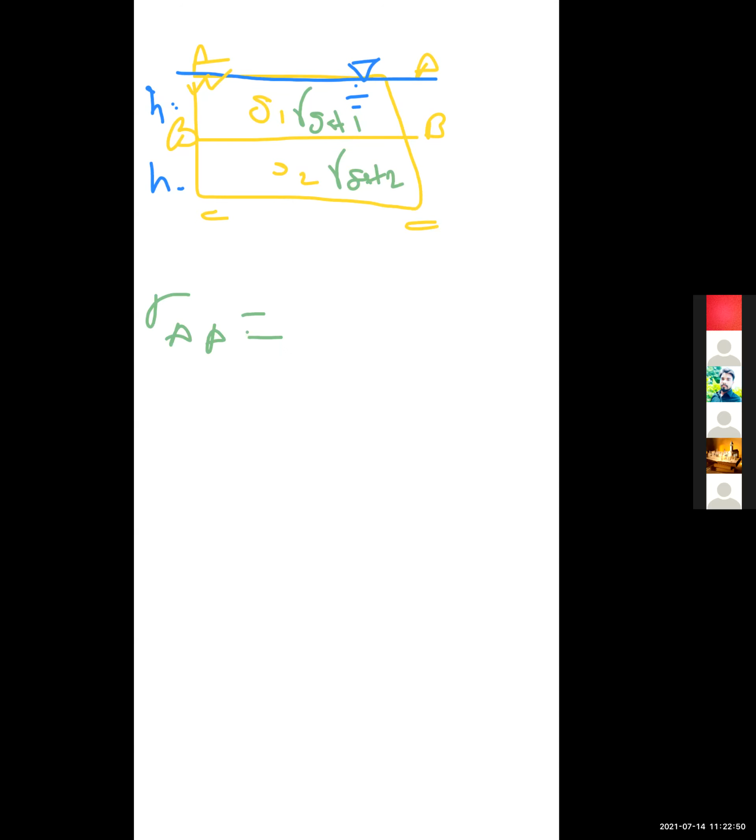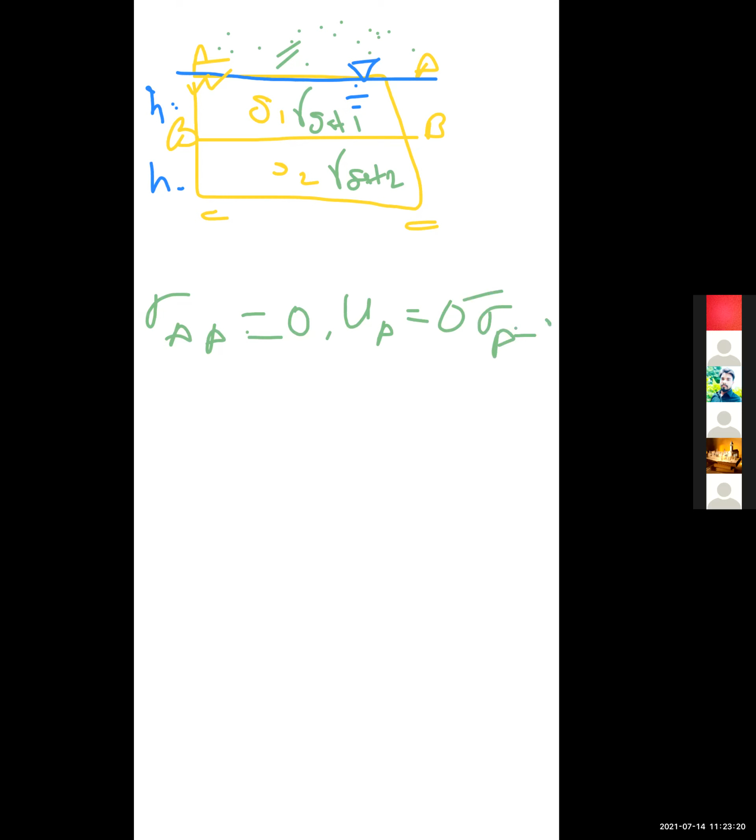Is there any stress due to soil? 0. Pore water pressure at A is also 0. Above the A layer, is there any weight? Is there any water? No. At A, water is available, so the effect is considered below A. So the effective stress at A is also 0.